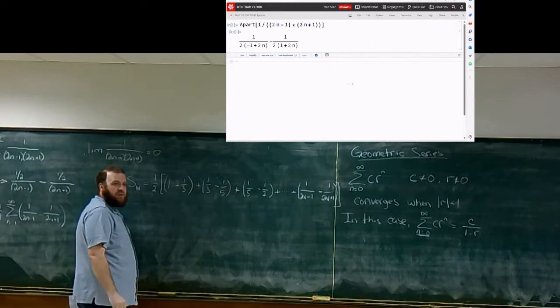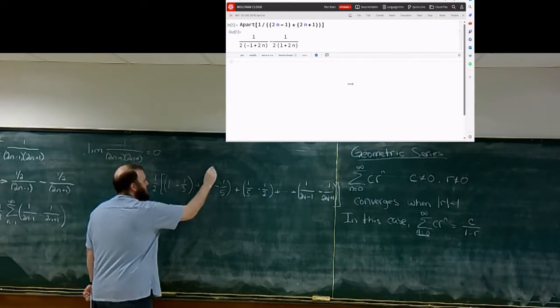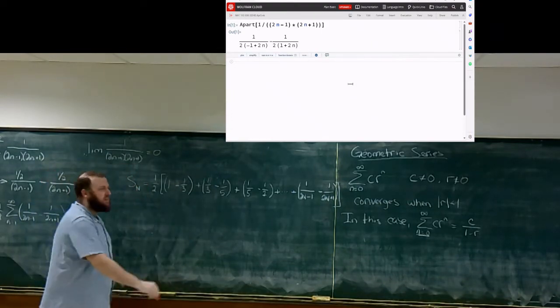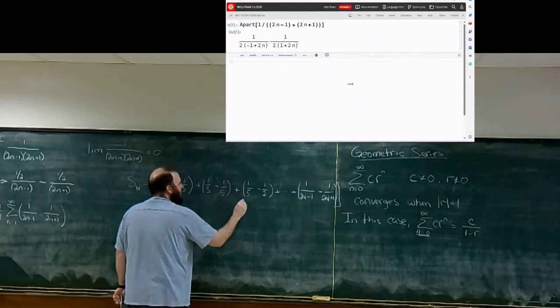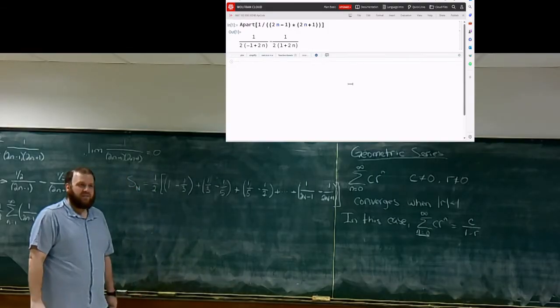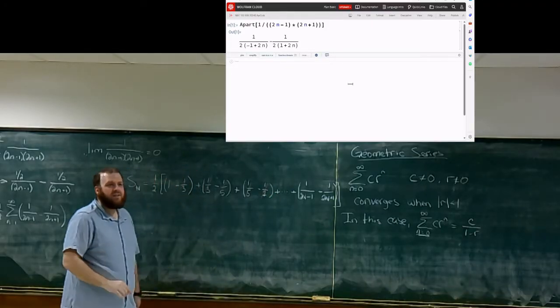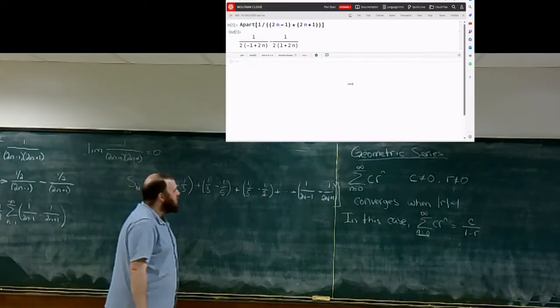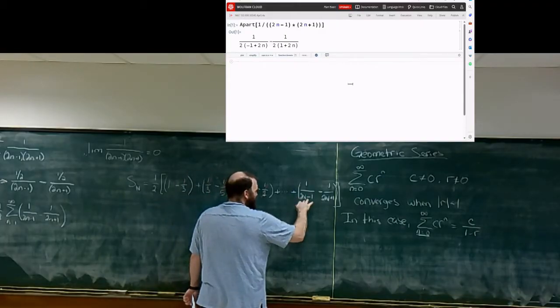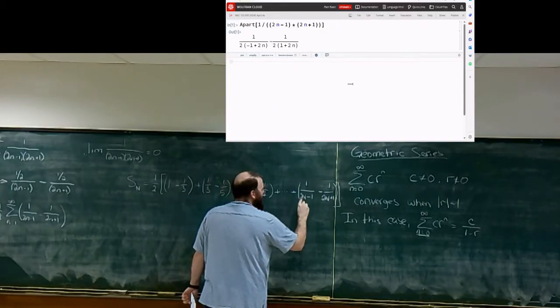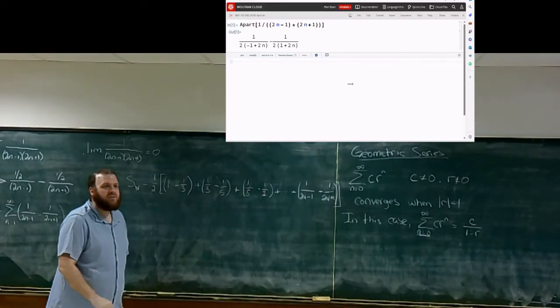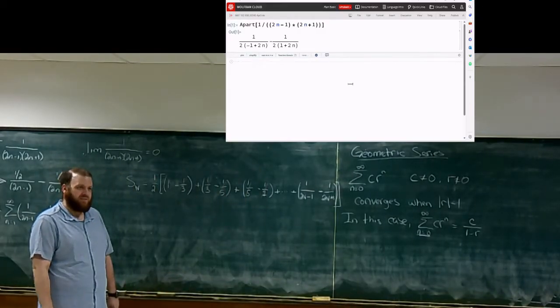Negative 1/3 plus 1/3. Negative 1/5 plus 1/5. Negative 1/7 is going to be plus 1/7. Right? You're going to have a minus 1 over 2n minus 1 in the previous one, plus.